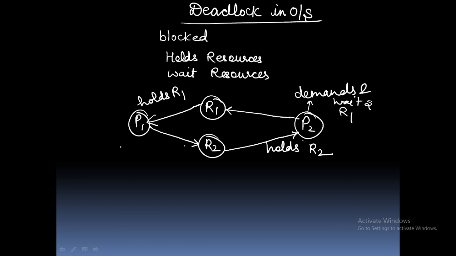On the other side, process 1 demands and waits for resource 2. None of the two processes can complete and release their resource. Thus, both processes keep waiting infinitely. This type of situation, this type of condition, is what creates deadlock in an operating system.